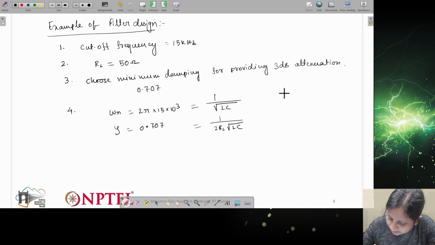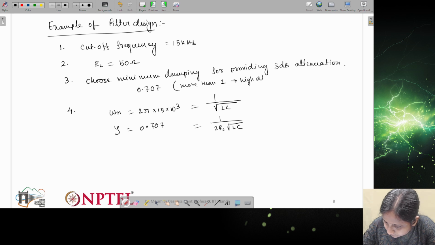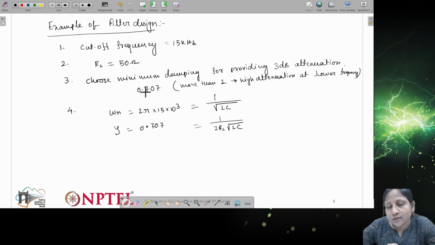If the damping factor is more than 1, it will give high attenuation at lower frequency. That is why we are choosing 0.707, that is the minimum.